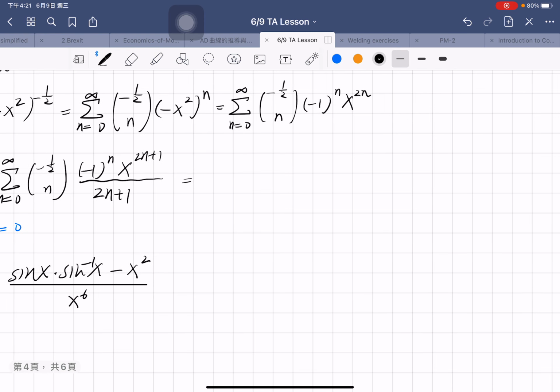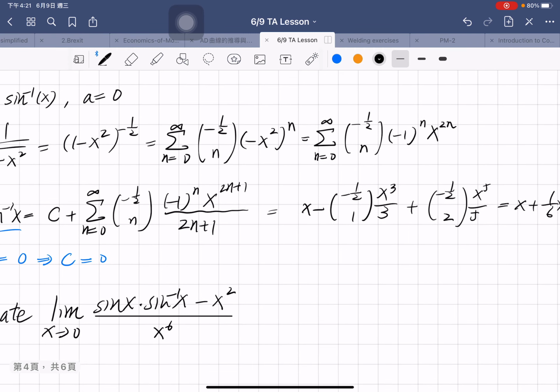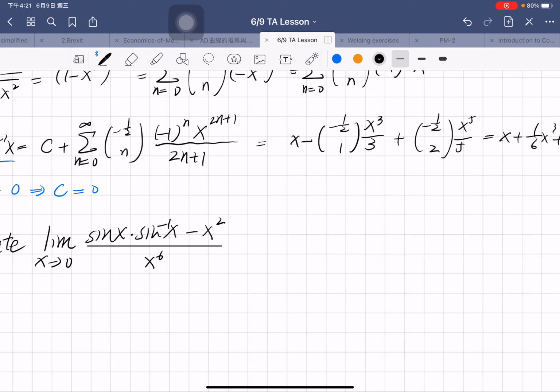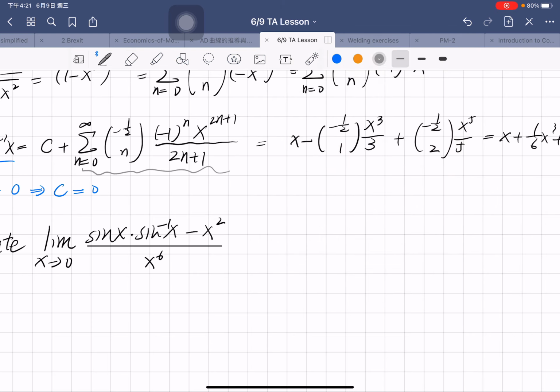So now our function will be x minus 1 over 2, choose 1, x cubed over 3, and just some coefficient. And at the end you will get this. Okay, so you can stop at this term. If you want the answer in sigma form, you can stop here.